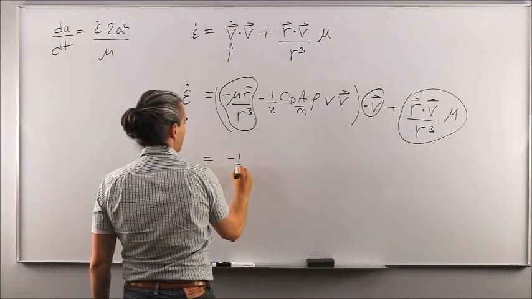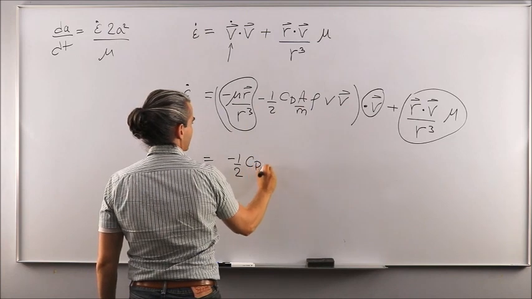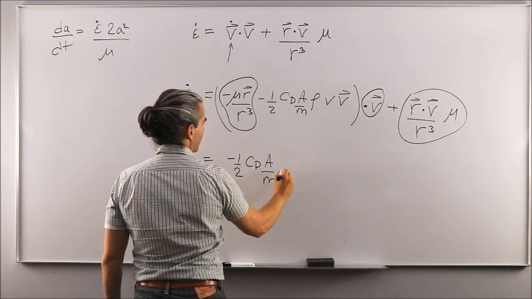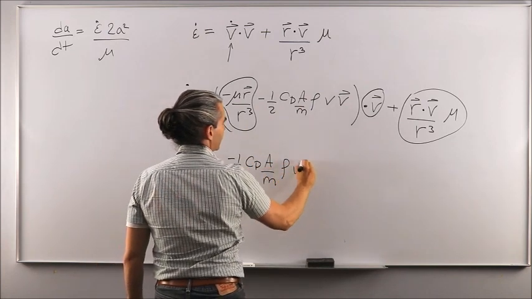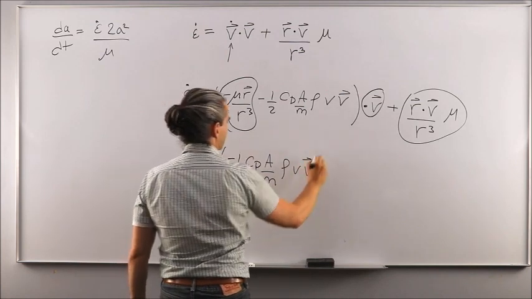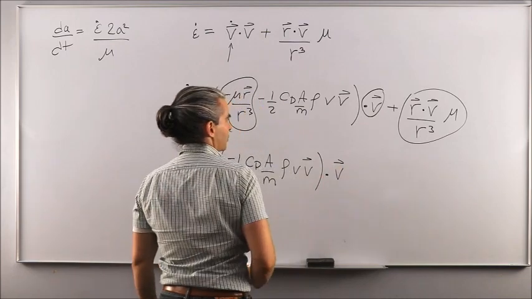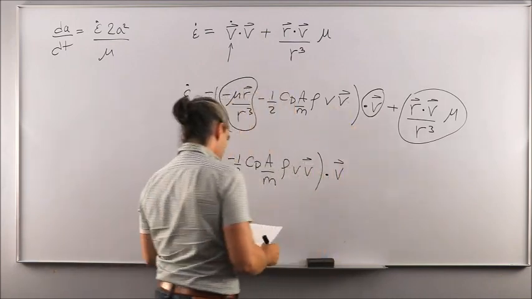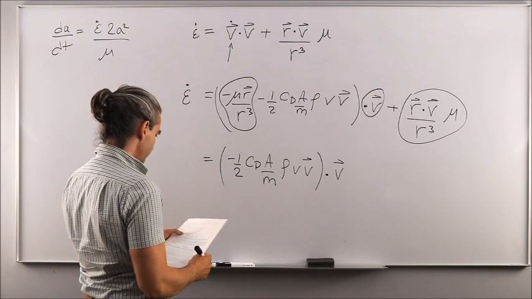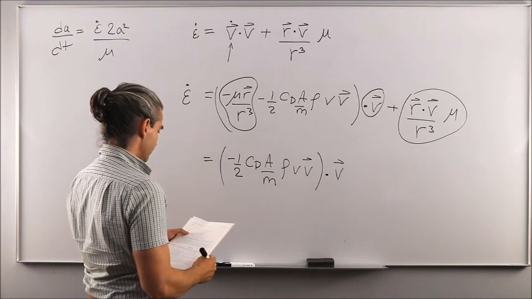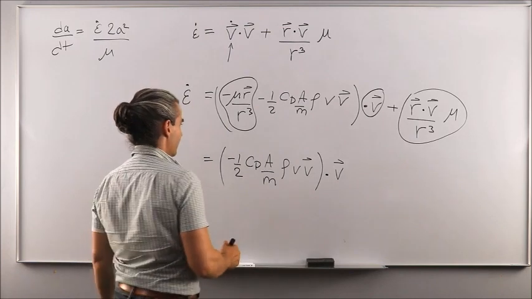And we are left with just minus 1/2 CD A over m rho v, v vector, all this dot product with itself, plus nothing else. Okay?